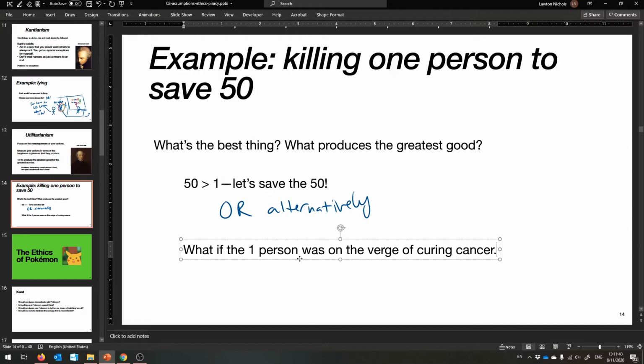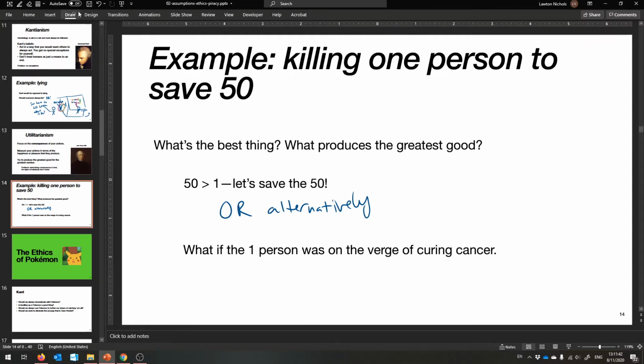In that case, you could go from that idea to saving, increasing the utility, the happiness of billions of people. And maybe you didn't know. You weren't about to ask the person, you just had a gun in your hand and you had to choose. It's hard to determine these consequences, okay?